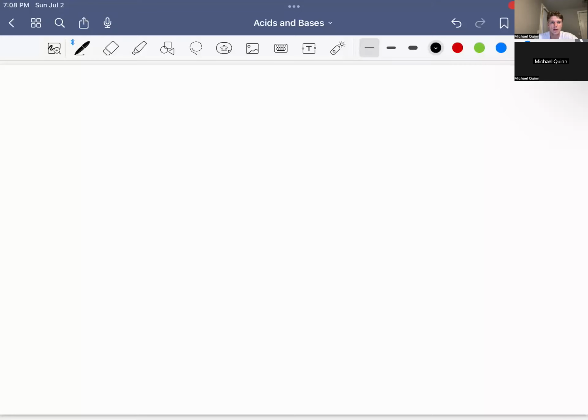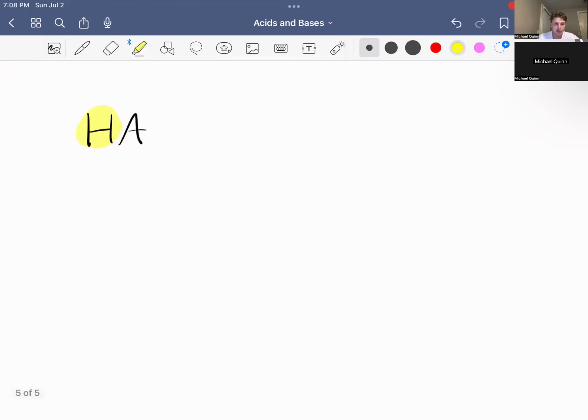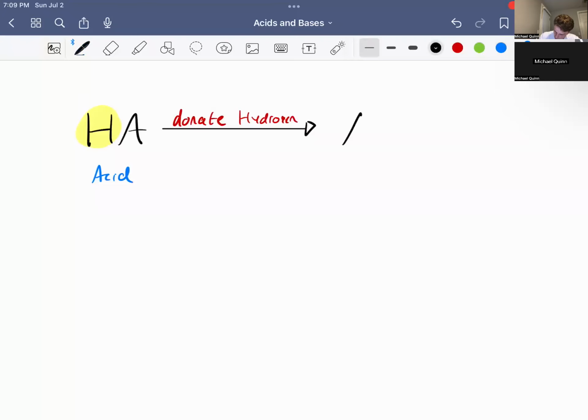In this video, I'm going to be covering the topic of conjugate acids and bases. So if we see an acid HA, and this can denote any acid with a hydrogen willing to be donated, what we can see is when we donate this hydrogen, this acid will now be left with simply A minus.